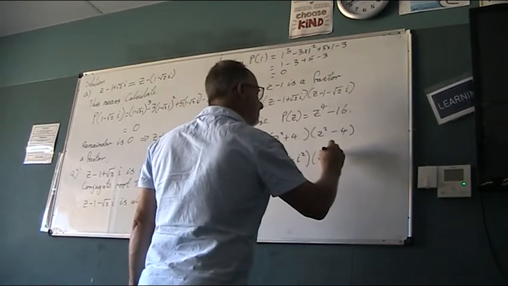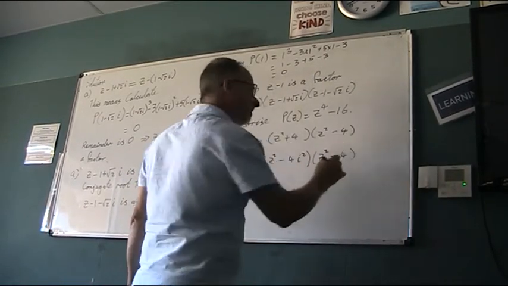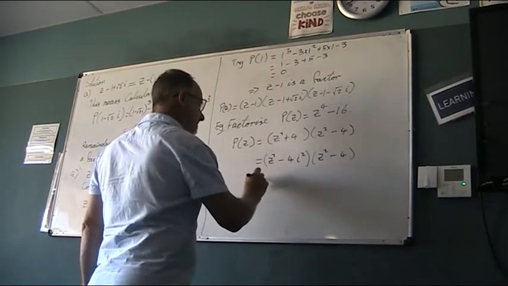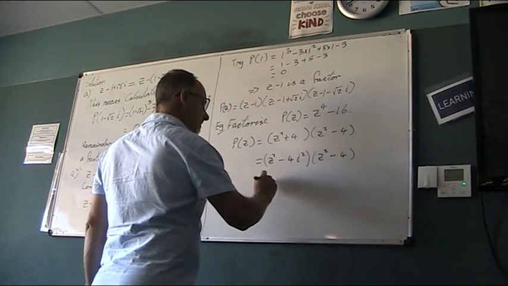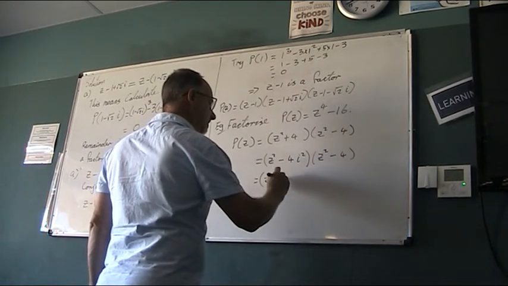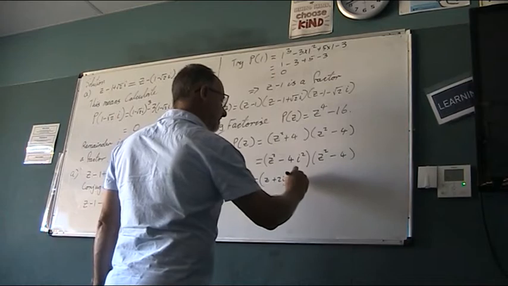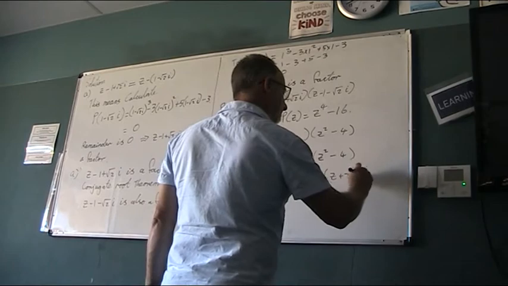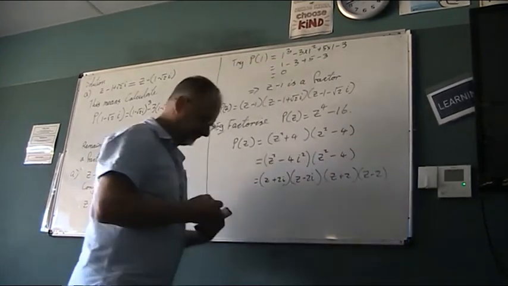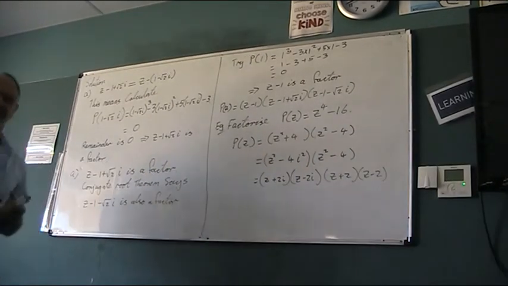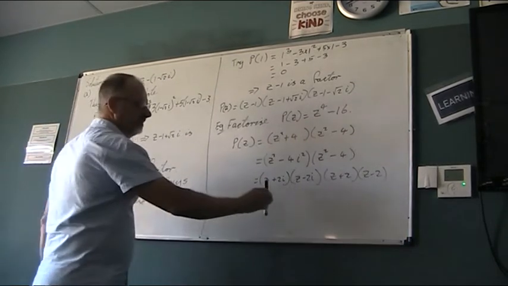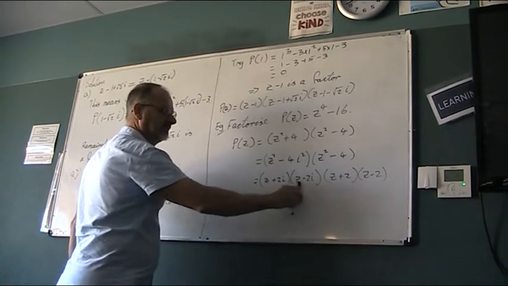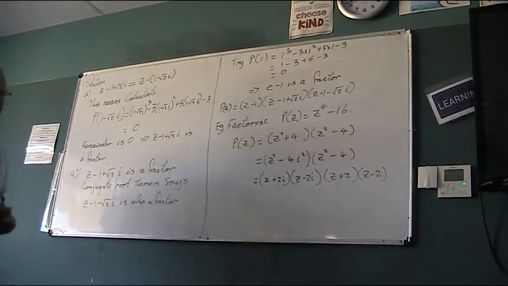This other one here has already got the negative, and so then we do difference of perfect squares. With this complex one, it's z plus 2i, z minus 2i, z plus 2, z minus 2. And again, we've got our complex conjugates there as factors.